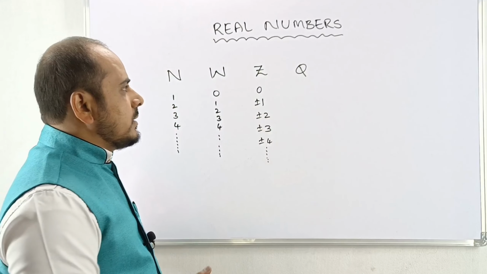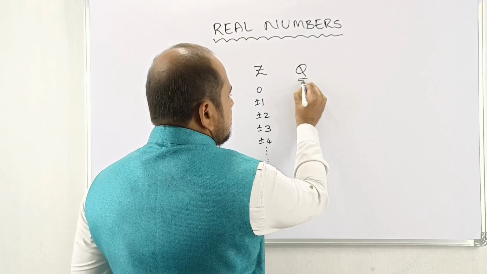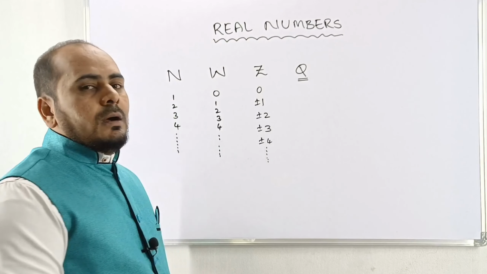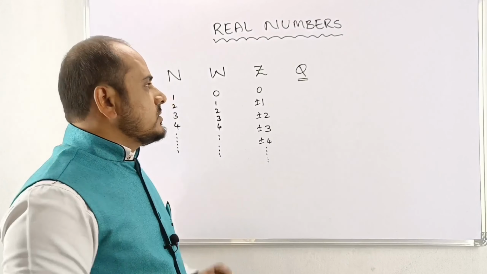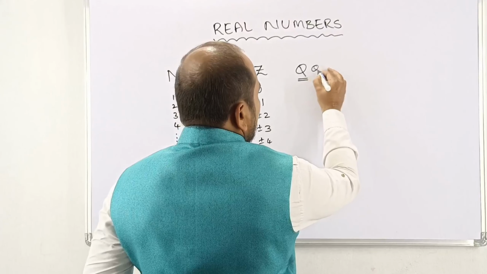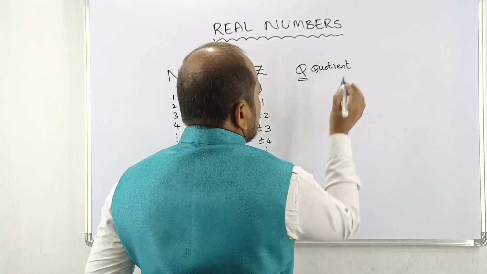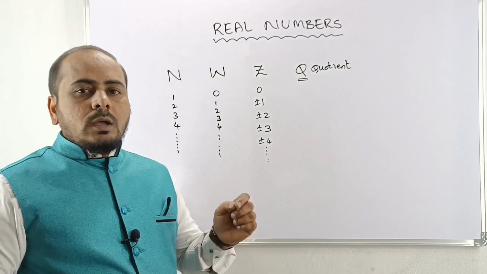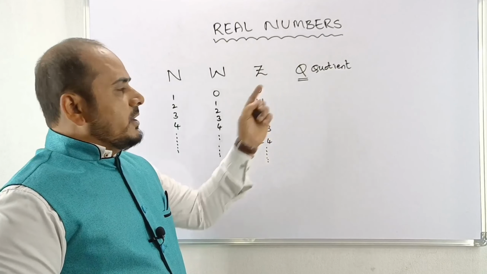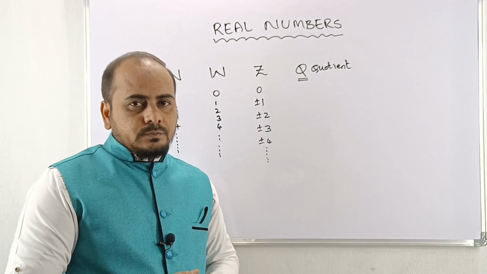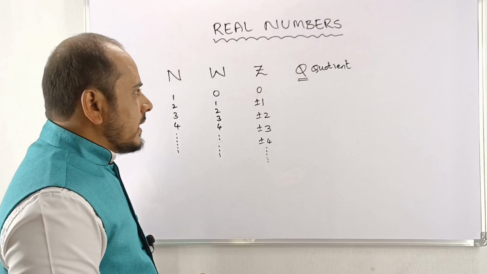Now come to the rational numbers, my dear, and this is a very important topic here. Rational numbers are also called quotient numbers, and they are denoted by Q. Now come to the point: what are the rational numbers?